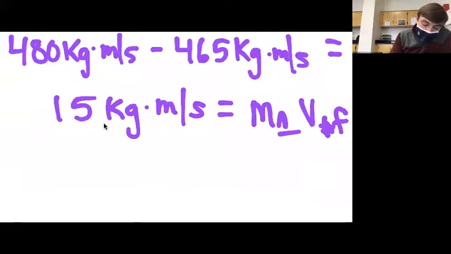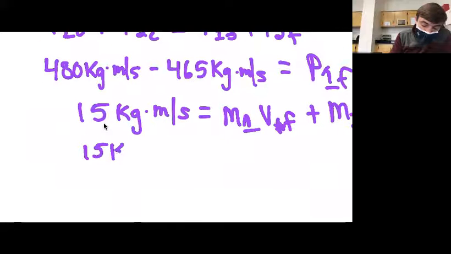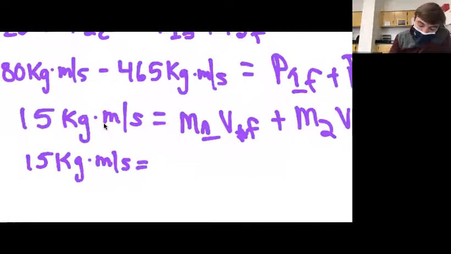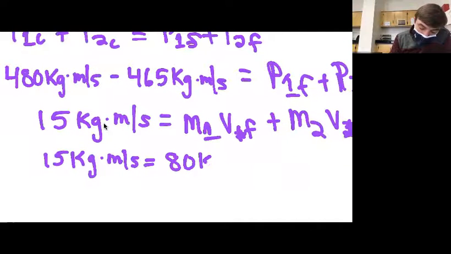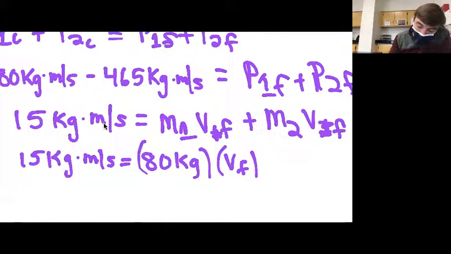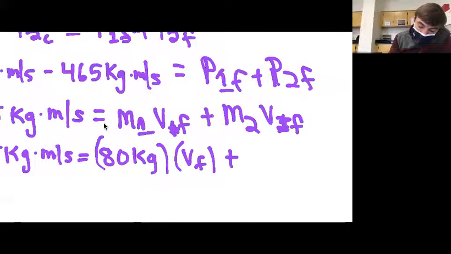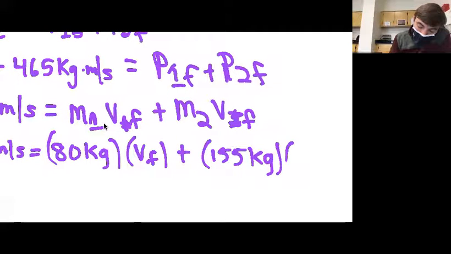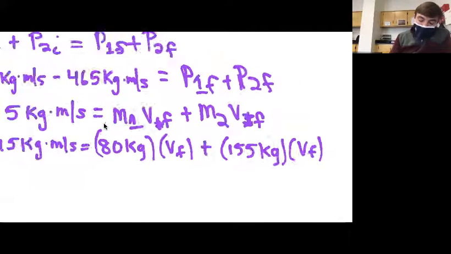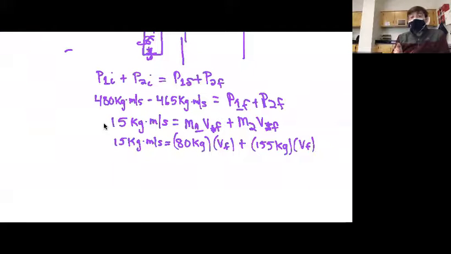Then I need to fill in my respective masses. That didn't change, that I already know. Mass 1 is 80 kilograms times the final velocity. Mass 2 is 155 kilograms times the final velocity. Then I need to realize that those are similar expressions on the right side, so I can combine them.